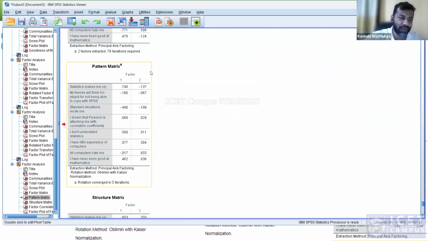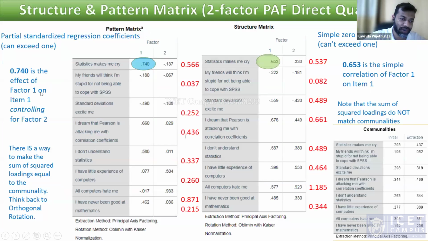So here 0.740 is the effect of factor 1 on item 1, controlling for factor 2, right? Then here it is the same: negative 1.80 means the effect of factor 1 on item 2, right?